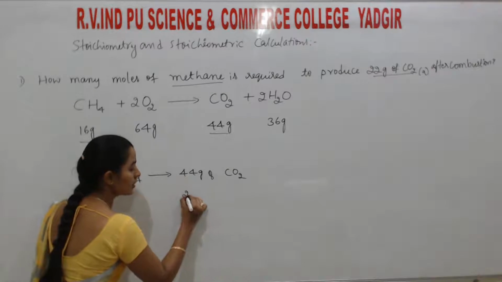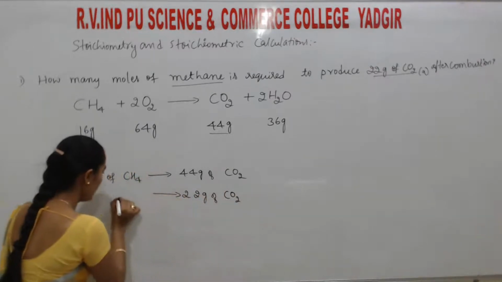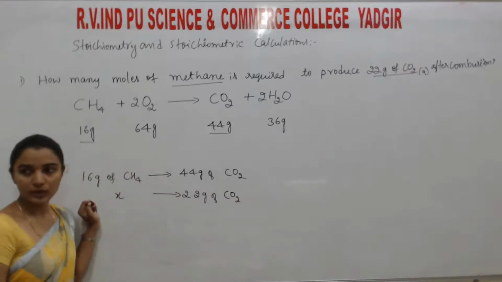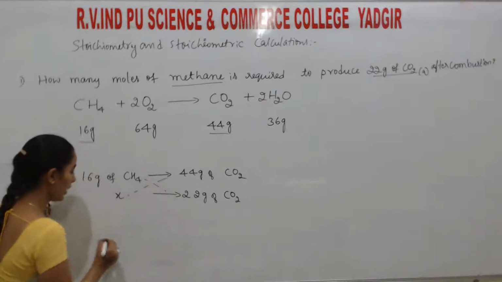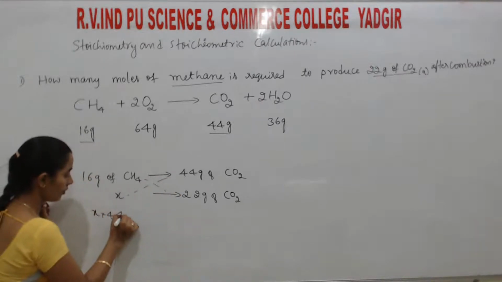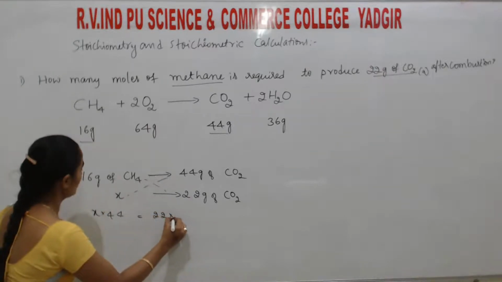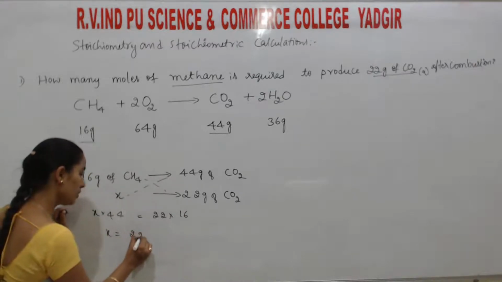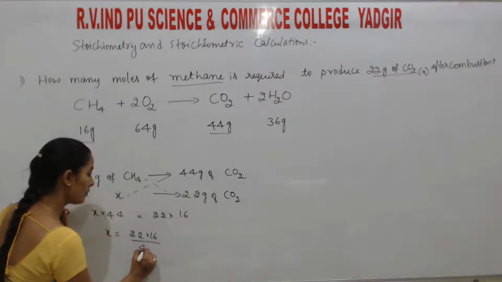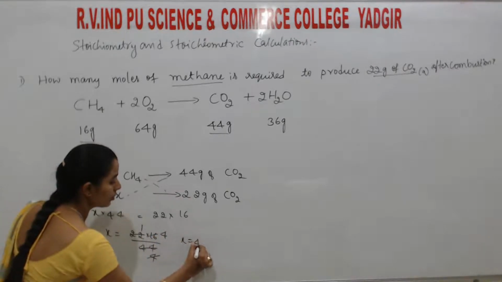So if 22 gram of CO2 is produced, how many grams of CH4 do we require? If you cross multiply, you will get x into 44 is equal to 22 into 16. So x is equal to 22 into 16 divided by 44. 22 ones are 22, fours are... so x is equal to 4.